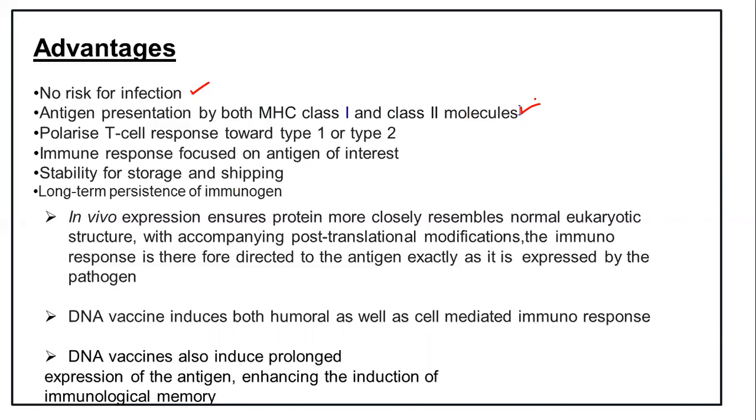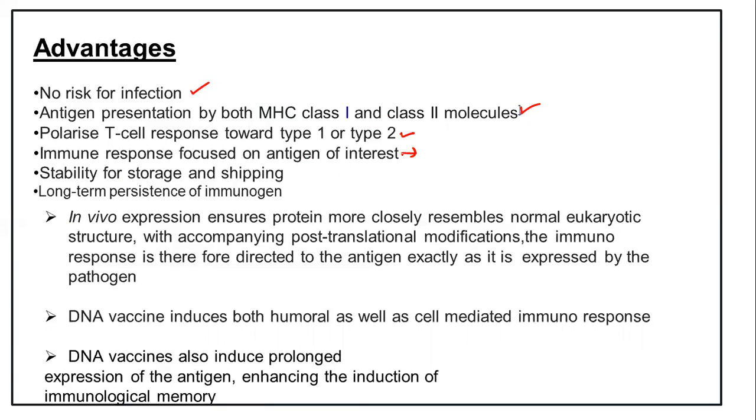So there is a polarized T cell response toward Th1 and Th2 type immune response focused on the antigen of interest, because here the antigen, the spike protein, is never in a modified form.